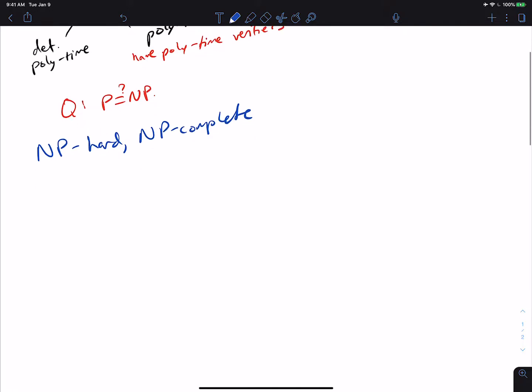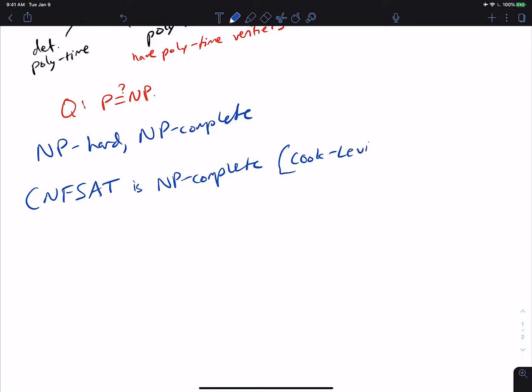And what we saw was that CNF SAT, or at least I gave the outline for the proof, is NP complete. This is by Cook and Levin in the 1970s. It wasn't in one paper, and I'm not even sure they worked together, but the result is celebrated as the Cook-Levin theorem.